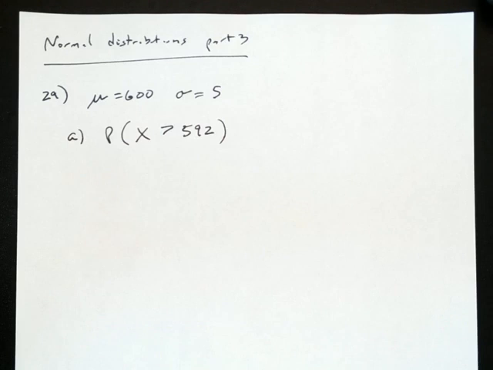If I were to do this in Excel, there are two different ways I can do this. I can ask it to give me the normal distribution as a CDF, and the cumulative version would go from minus infinity up to 592.